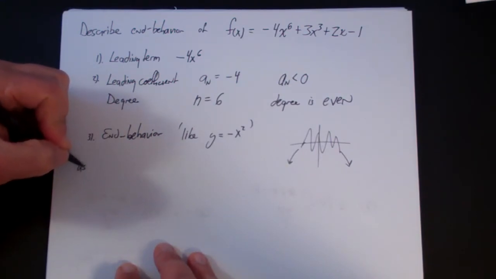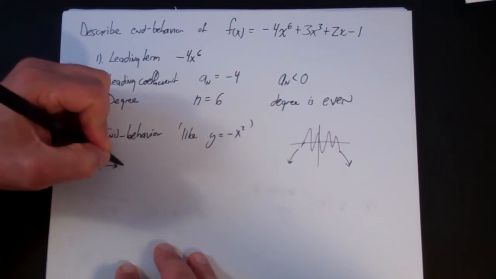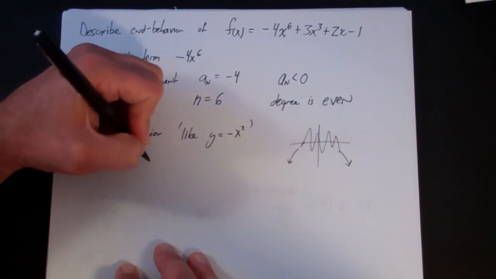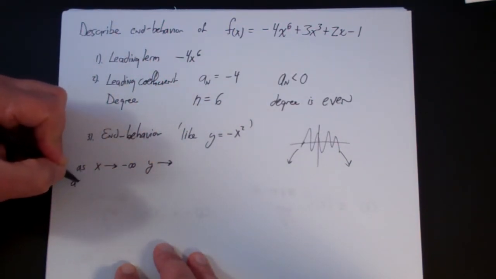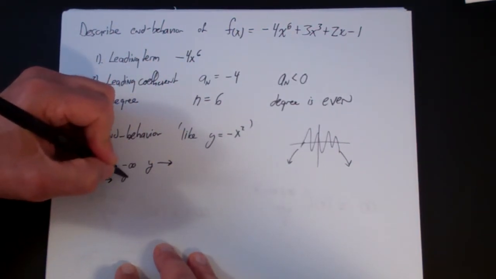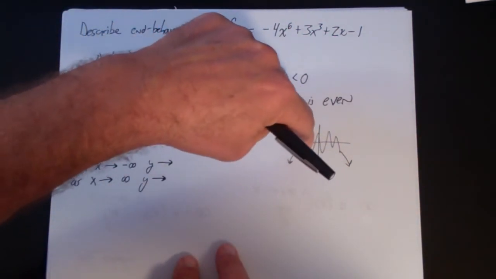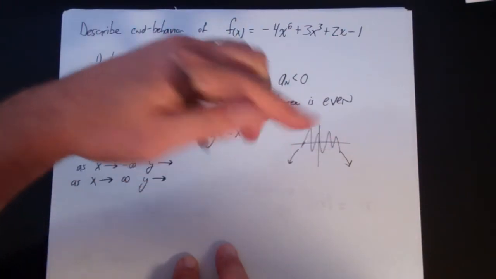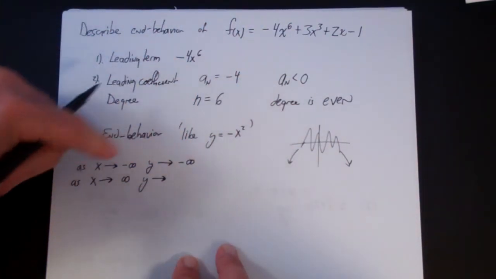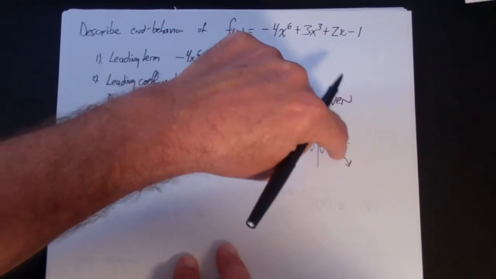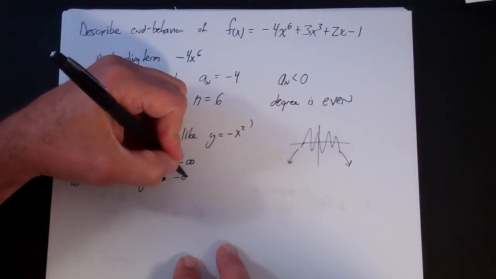If we want to write it informally, we simply go, as x goes to negative infinity, y goes to blank, and as x goes to positive infinity, y goes to blank, and we fill in these blanks. So as x goes to negative infinity, y goes to negative infinity. As x goes to positive infinity, y goes to negative infinity.